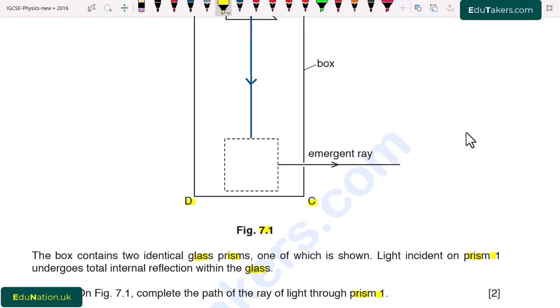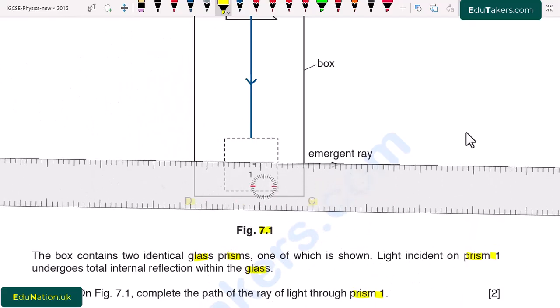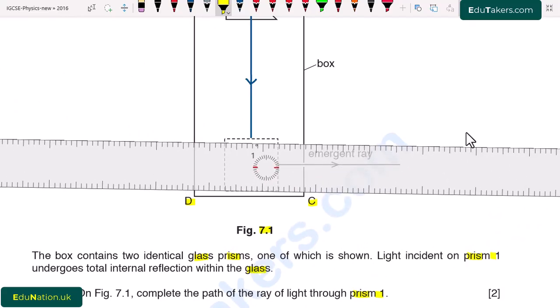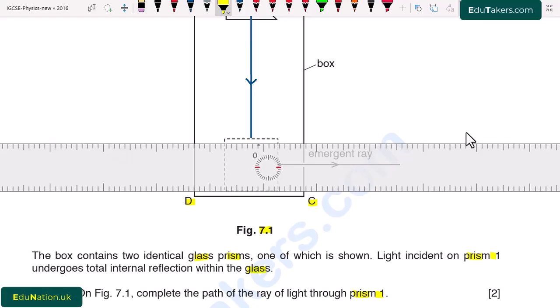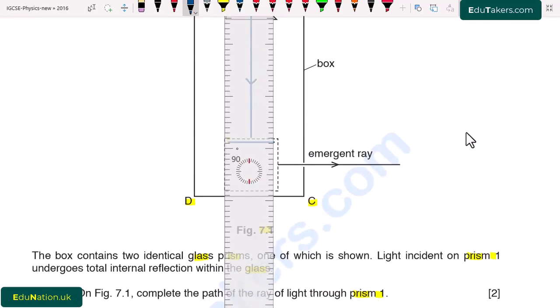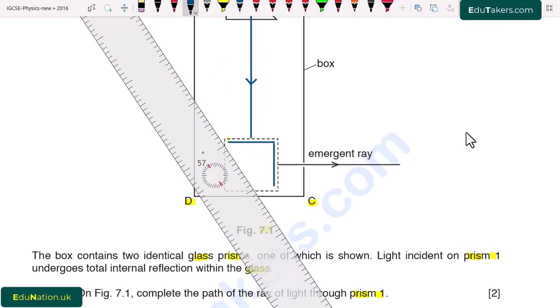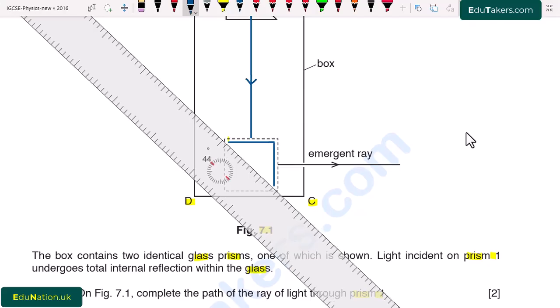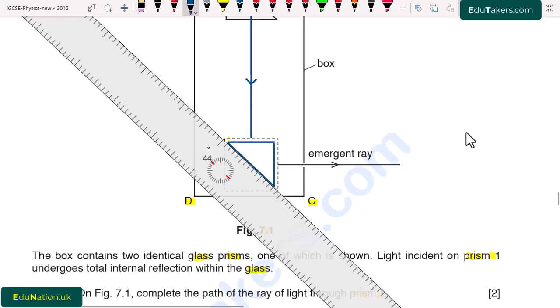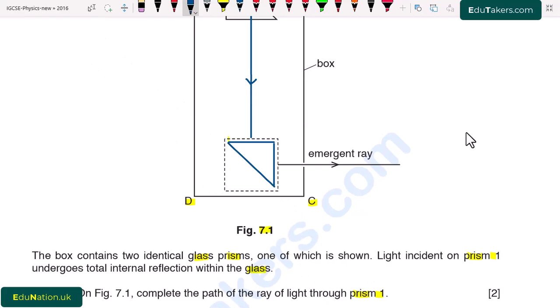So first of all, I here draw the prism. So I draw the prism inside this sphere.